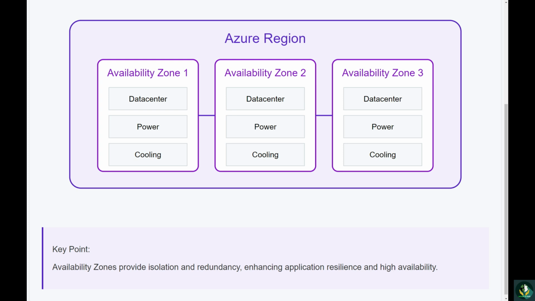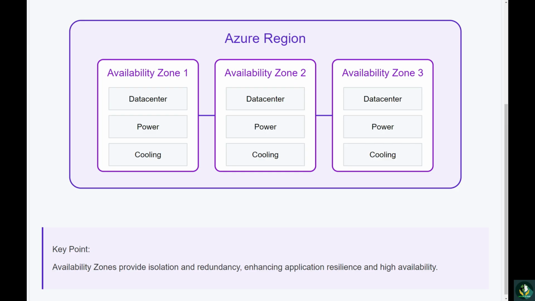Zone redundant storage and SQL database are prime examples, providing built-in redundancy without requiring manual configuration. 3. Non-regional services. These services are always available from Azure geographies and are resilient to both zone-wide and region-wide outages, offering the highest level of resilience.